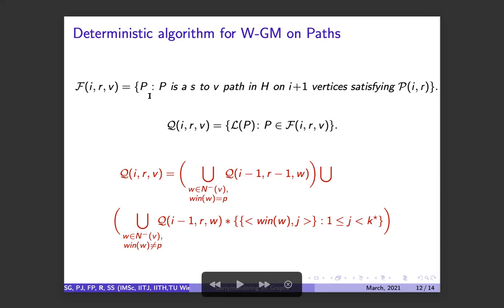This formula gives you recursively how to compute the labels and the path. If you haven't seen this before, it looks a bit scary, but I'll explain it. So if you have an S to V path, right, then this path... yes, is there a question?